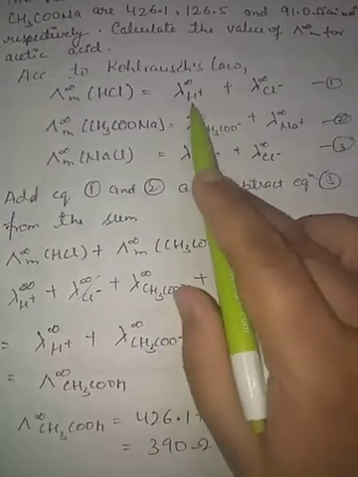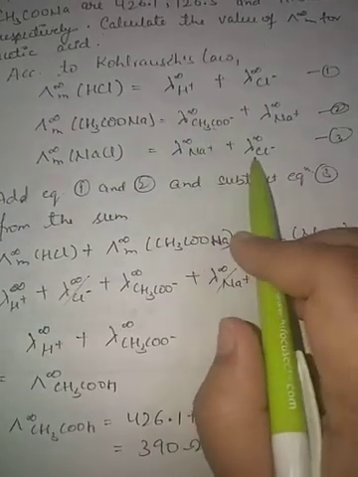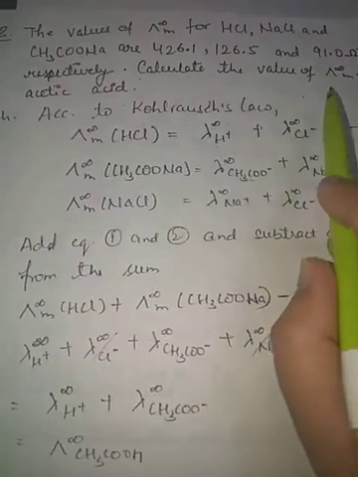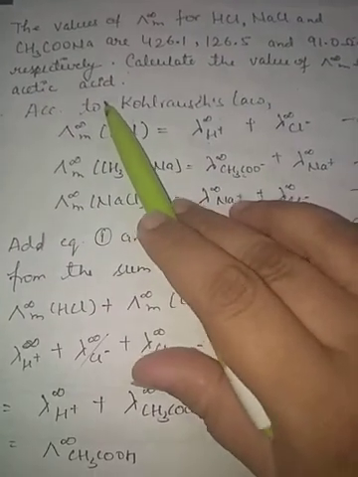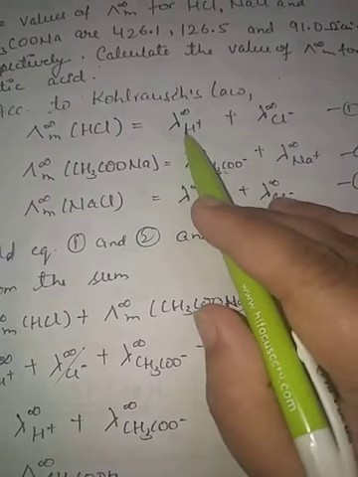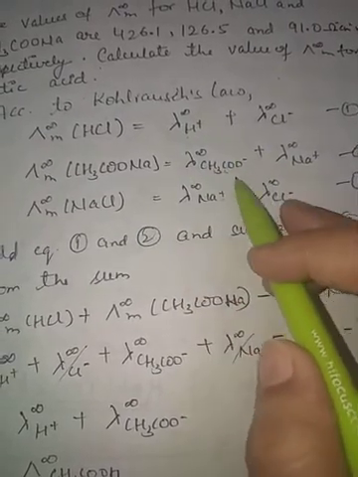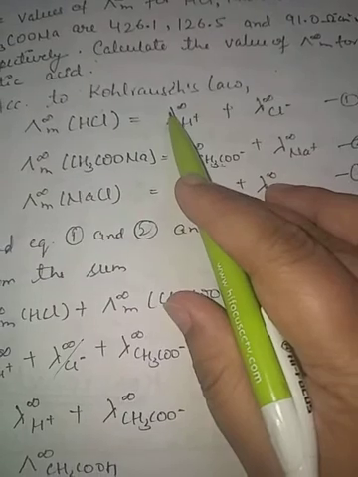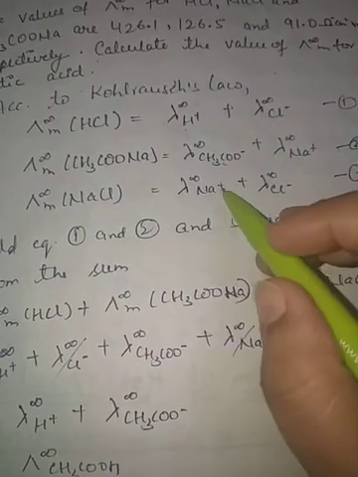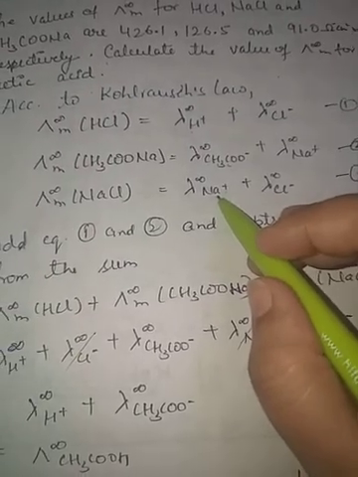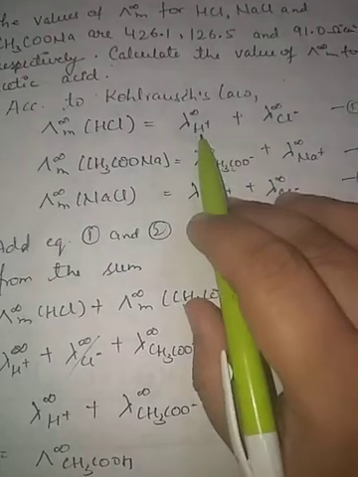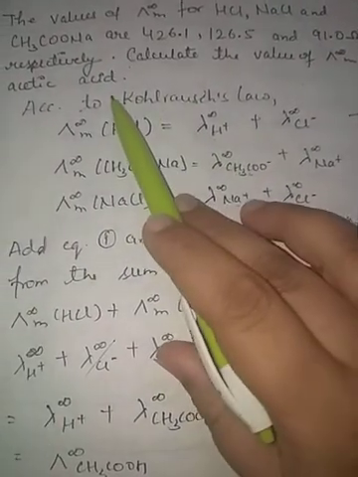What we need is to calculate it for acetic acid, that is CH3COOH. This we are needing. It means what we have to remove from here is Cl, Cl, Na, Na. It means we have to remove NaCl, and the rest will be the molar conductivity of acetic acid.